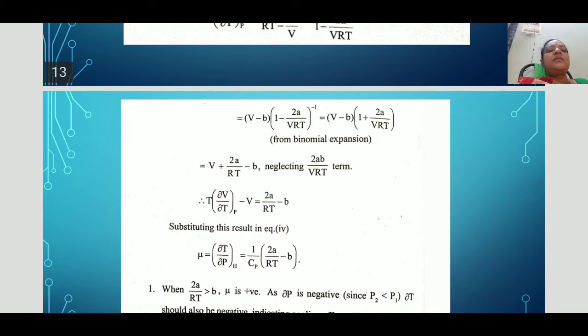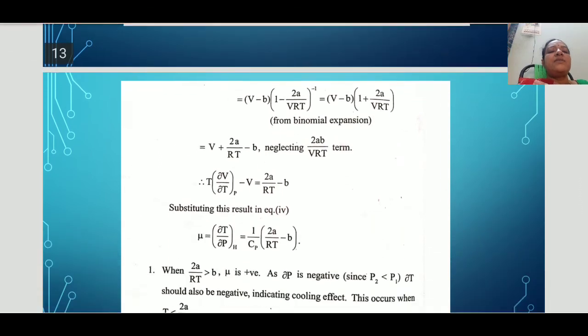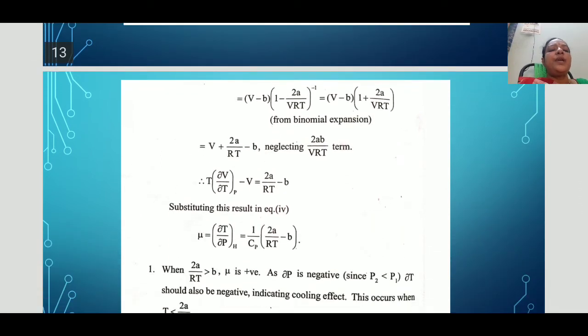Just take this v to the left side: T(∂v/∂T) at constant P minus v is equal to 2a/RT − b. This is the required term. Means totally we calculated the left hand side, LHS, equal to T(∂v/∂T) at constant P minus v.